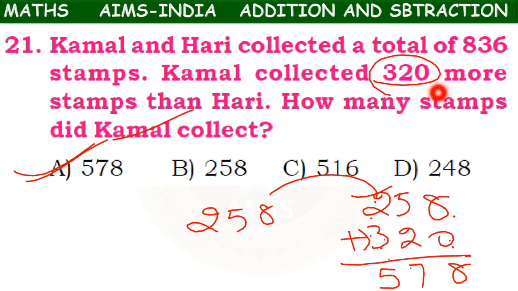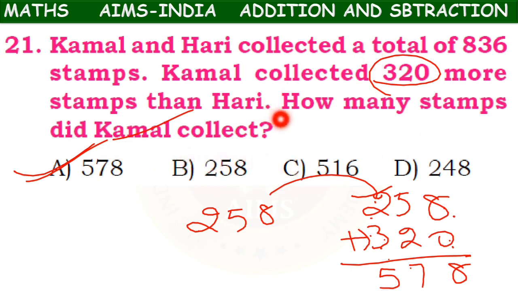Understanding children? See, if we take out these extra stamps from it, then the remaining stamps are distributed equally. Now only to that equal share, when we add 320, we will get the number of stamps collected by Kamal.